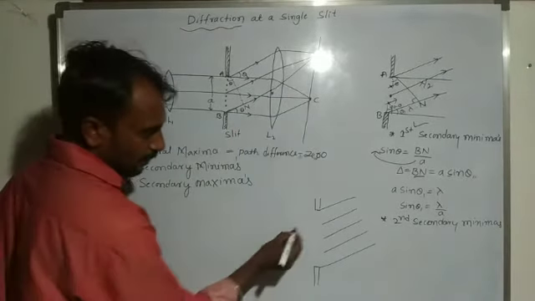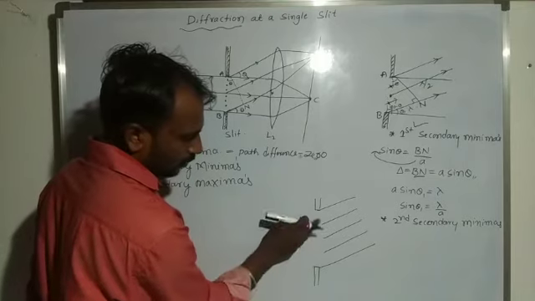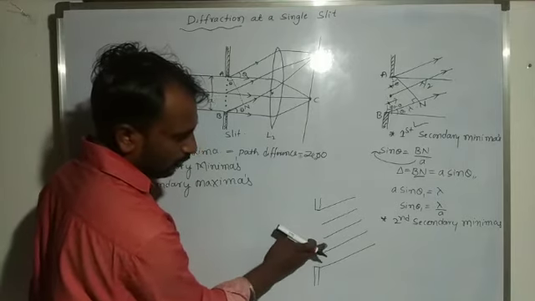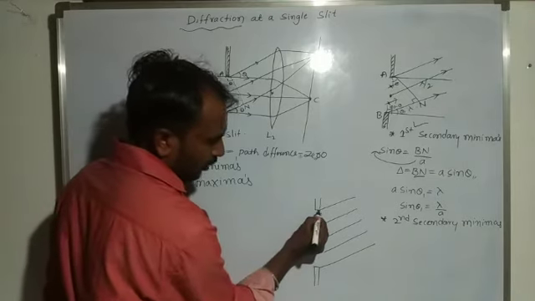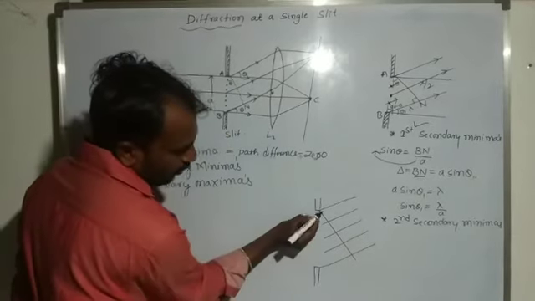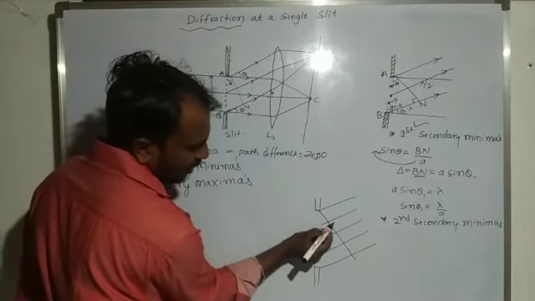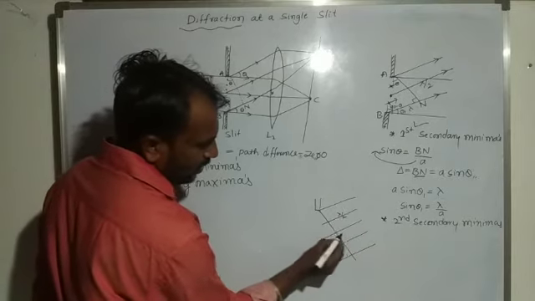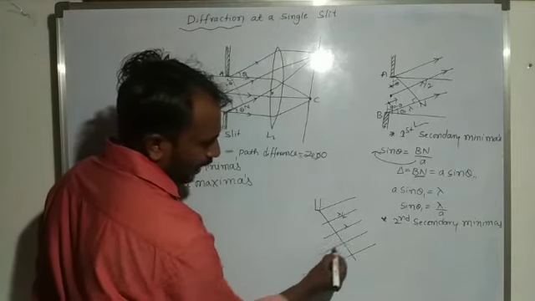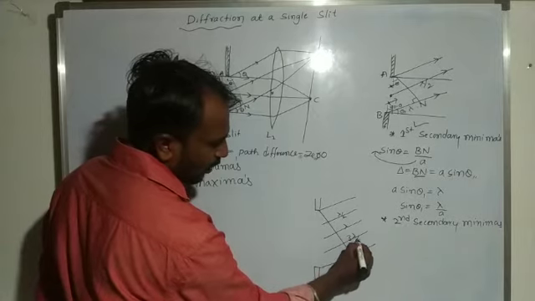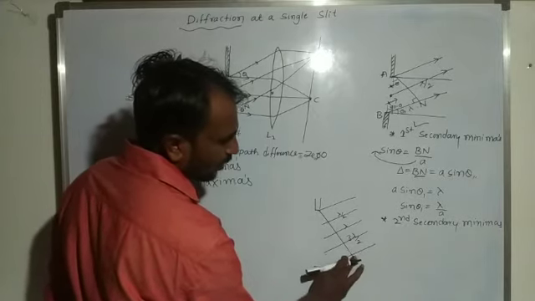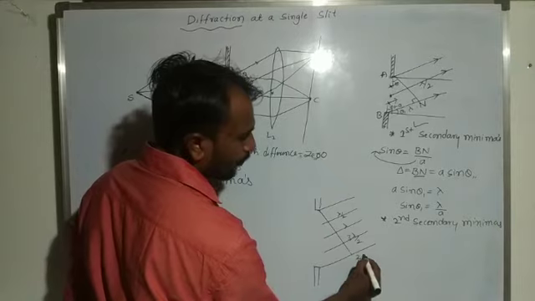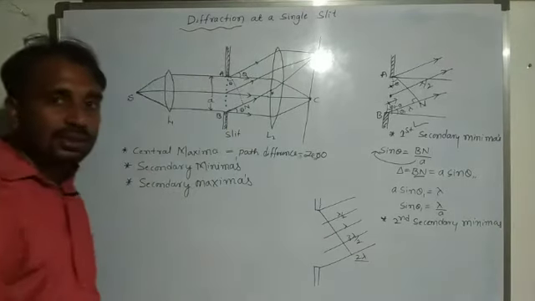Here the path difference is 0, then lambda by 2, then lambda, then 3 lambda by 2, and then 2 lambda. So the path difference is 2 lambda.